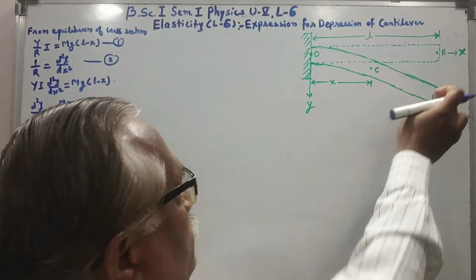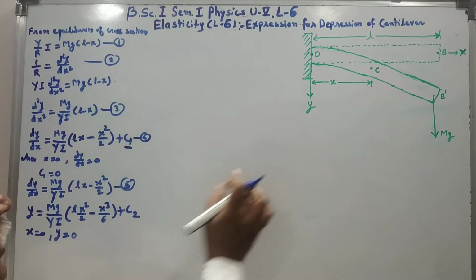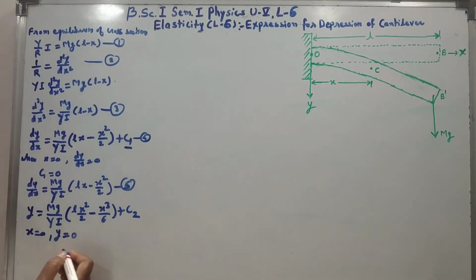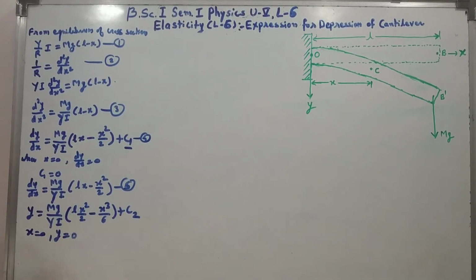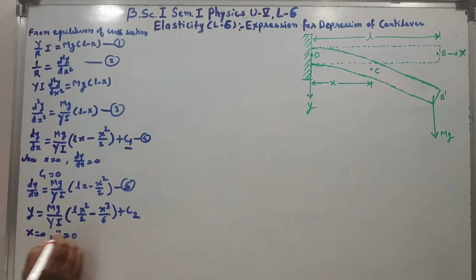The value of C2 can be obtained by considering that when x equals 0, the displacement y along the y direction of the beam is 0.